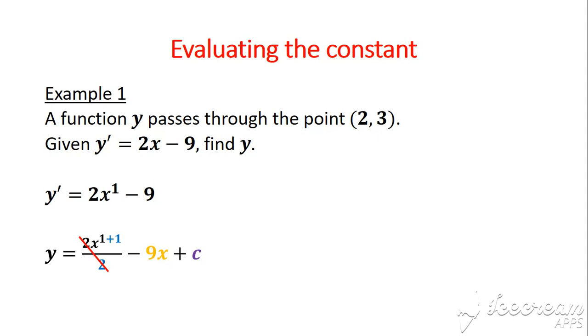The 2's will cancel out here to simplify it to x squared. The minus 9 will anti-differentiate to minus 9x. The x comes back, and then we put down this plus c to represent any constant that disappeared when we differentiated it. So we're going to end up with x squared minus 9x plus c. That's our rule for y.